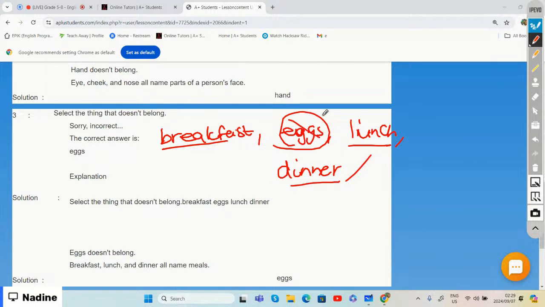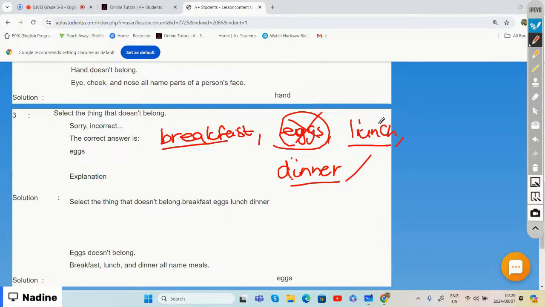So egg does not belong because we are not naming the meals. Egg is not naming a meal, right? Breakfast, dinner, and lunch, these are words related to one another because they name the meals for the day. In the morning, we have breakfast, in the afternoon, we have lunch, and at night, we have dinner.